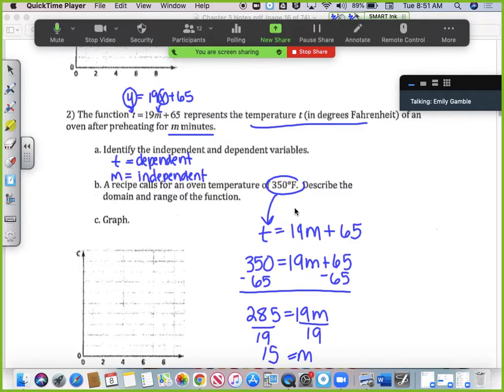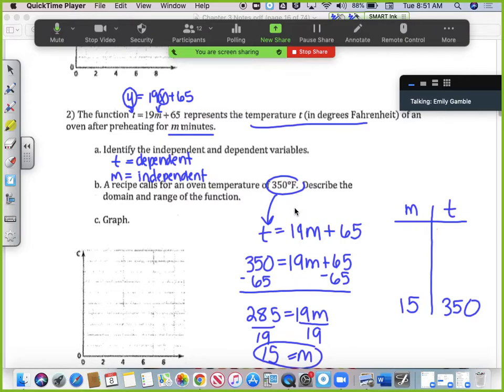So it's asking us to create a domain and range of the function so we can graph it. If we're looking at a table, we have two different variables: M for minutes and T for temperature. I know the maximum amount for my domain is 15, because 15 is the amount of time you need for the temperature to be 350.